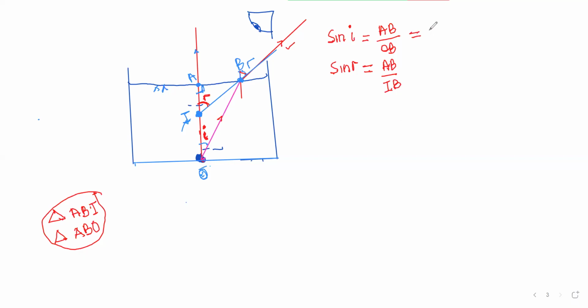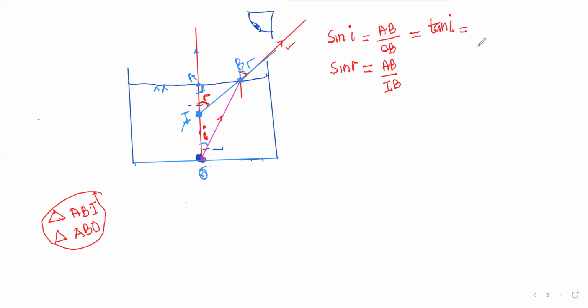Let's also look for tan of I. What will be tan I? Tan I will be IB all over OI. Look at it again.